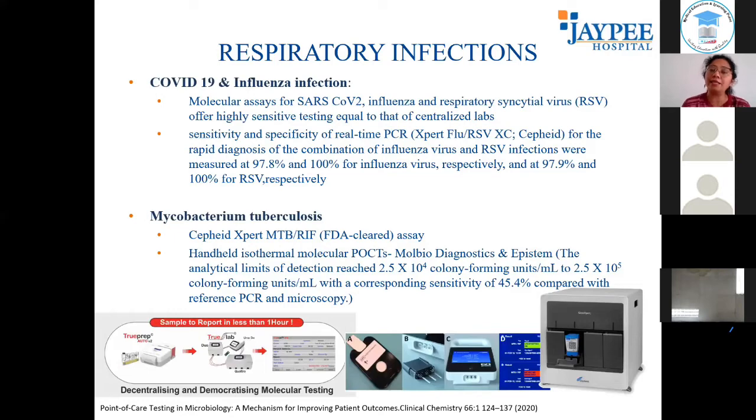But there is a flip side to it: low sensitivity versus the advantage in resource challenged places where it is difficult to reach, or to have a better outreach program. Even if you are able to pick up this 45% of people, versus where you do not do any diagnosis but treat empirically, probably this 45% still may be worthwhile, and there are articles which have evaluated the economic impact of this.